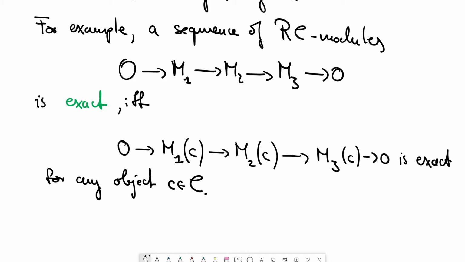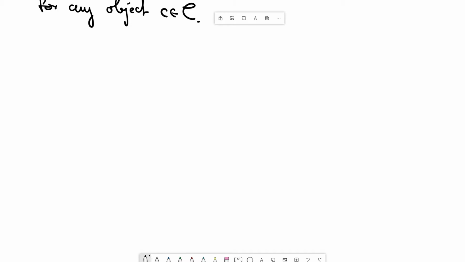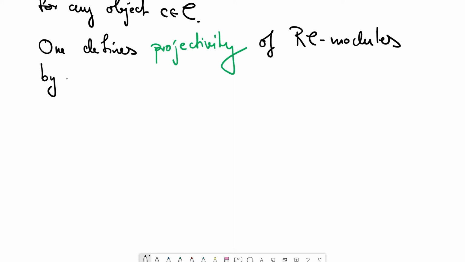We also have a notion of projective module. This is easy because projectivity was defined by a diagram, and diagrams we can also draw in the category of RC modules. So, let me remind you of that. One defines projectivity of RC modules by the characteristic diagram.